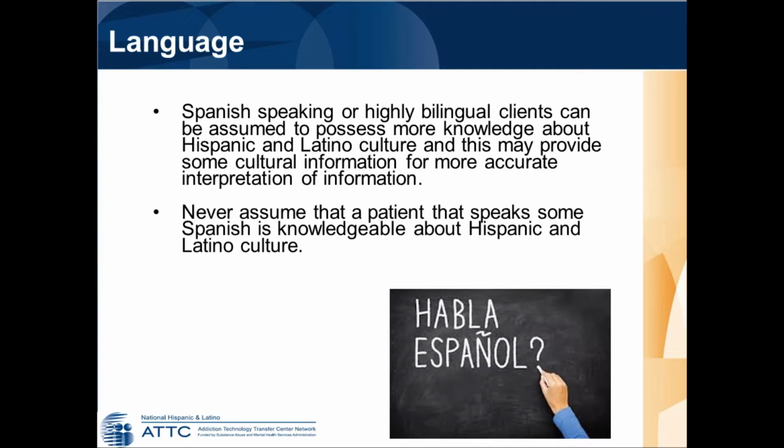Even if you go to one region in one country, it can be different from another region in the same country. So if you get somebody from the coast of, we'll say, Honduras, it might be different than somebody from the interior. Those kinds of things are just so significant.